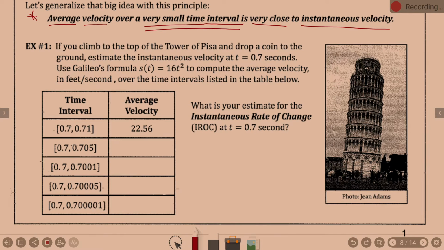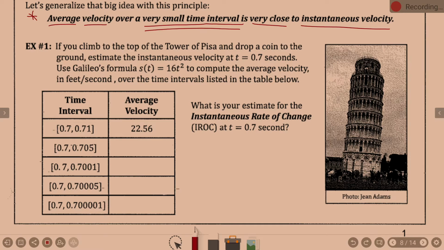They give us a time interval. So what are we doing here? Okay. What were you doing on top? The S of t is position. A little more specific here.